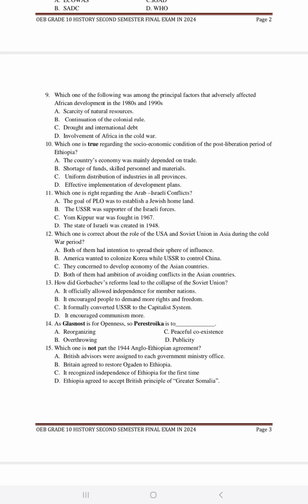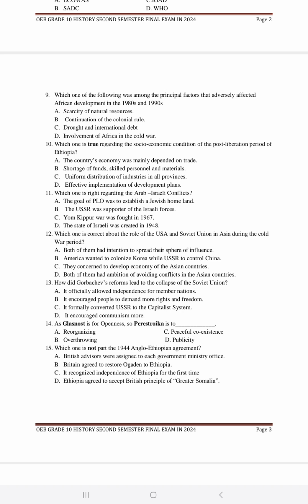A. Scarcity of natural resources. Africa is rich in different natural resources such as minerals, rivers, and so on. B. Continuation of colonial rule. No, colonial rule ended during the 1960s in many African countries.